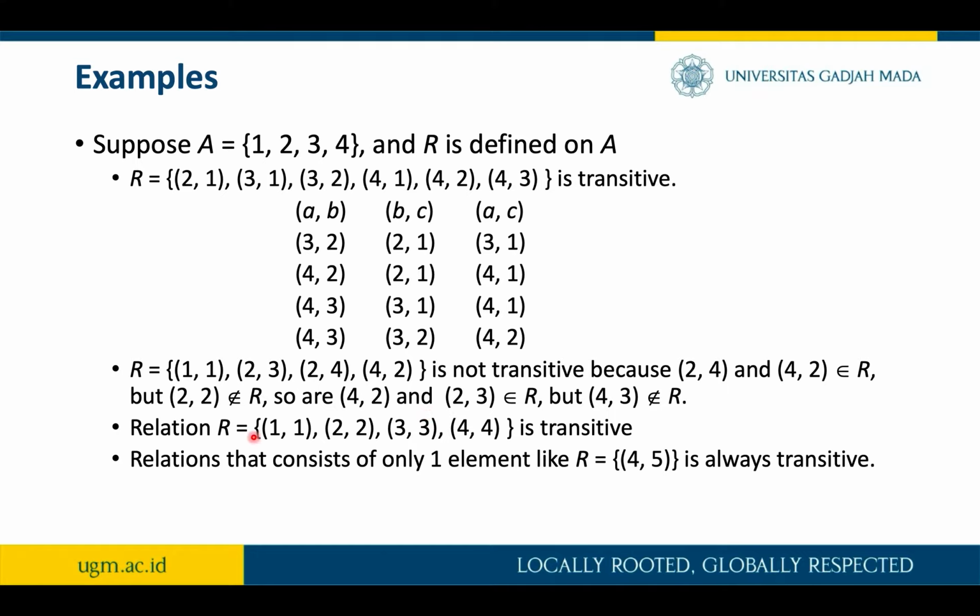Okay, the next one here is (1,1), (2,2), (3,3), and (4,4). Since there is no second pair available that could chain with another, by default this is also transitive.